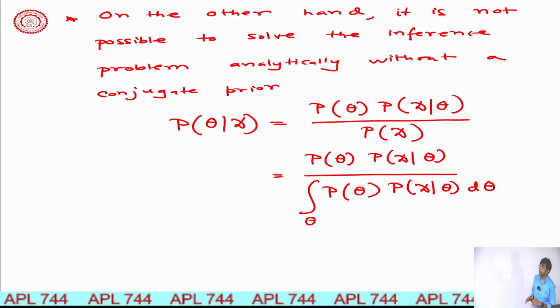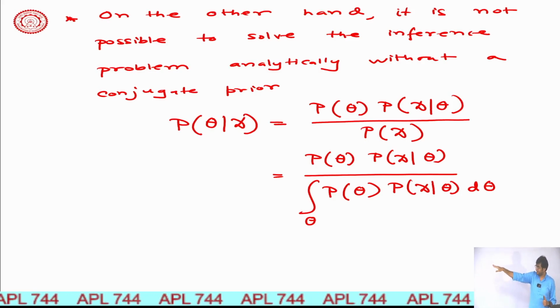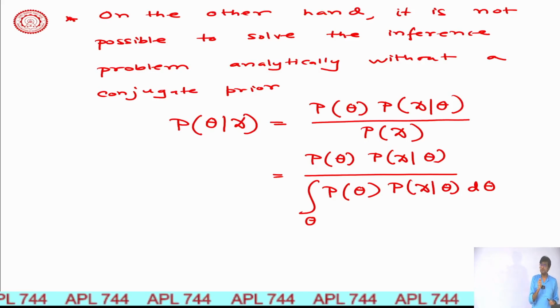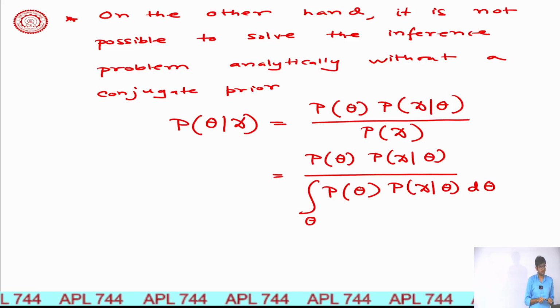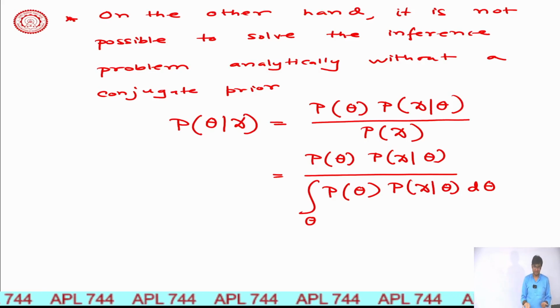Even for a very small problem, we will realize theta will be 10 dimensional. Now, how many times have you solved a 10 dimensional integration in your life till now? Maybe never. You can understand the challenge, even for a small problem with 10 thetas. Okay. So the bottom line is that model evidence, which is the denominator, is intractable if you are not using a conjugate prior. And in that case, you cannot do things analytically.